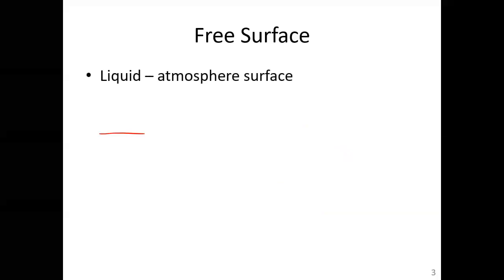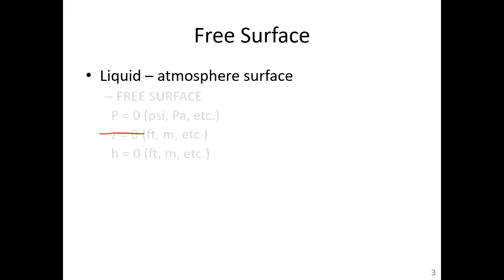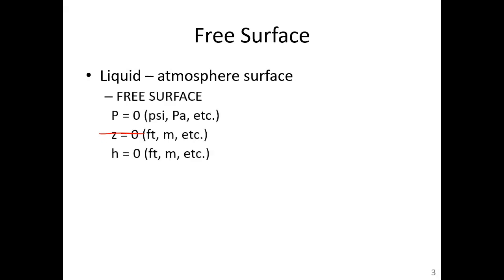We also define what a free surface is. It's where you have a liquid atmospheric surface. And at the free surface, we know that we have atmospheric pressure. And if you're working in a gauge datum, we set local atmospheric pressure to 0. 0 psi, 0 Pascal, 0 Newton per meter squared, 0 atmospheres.